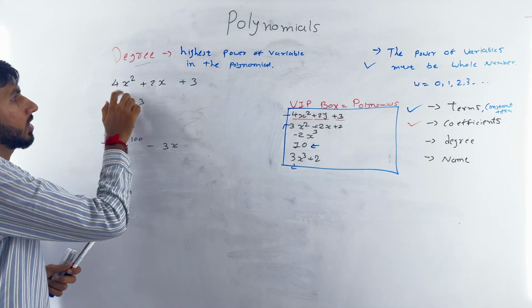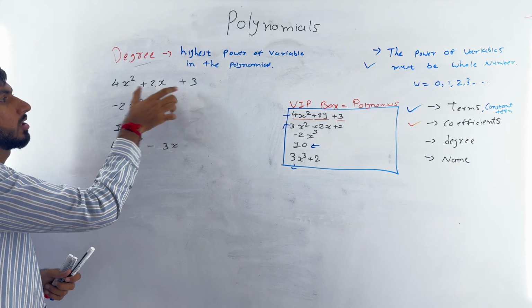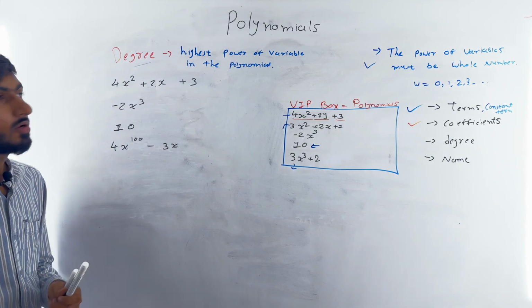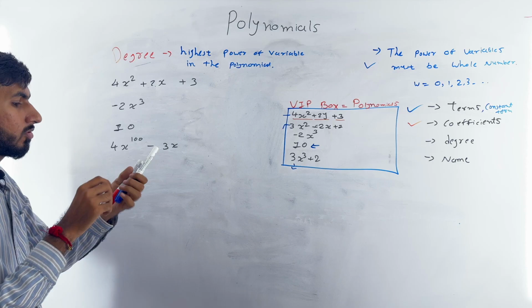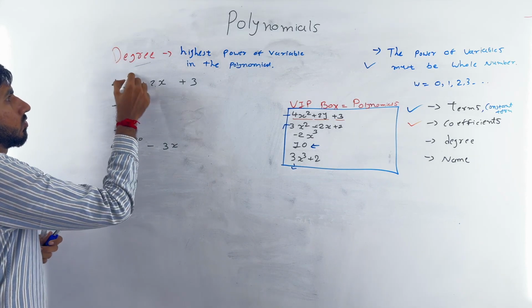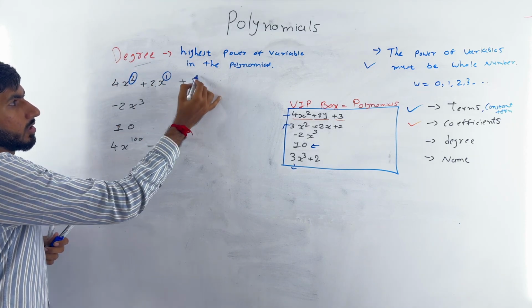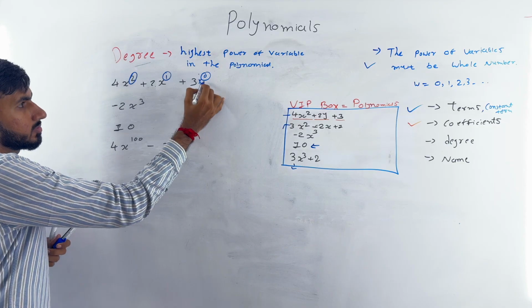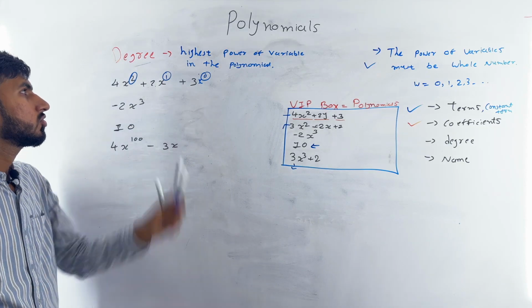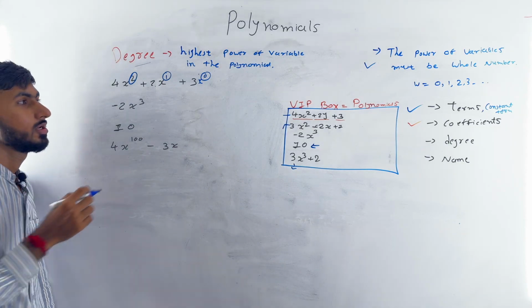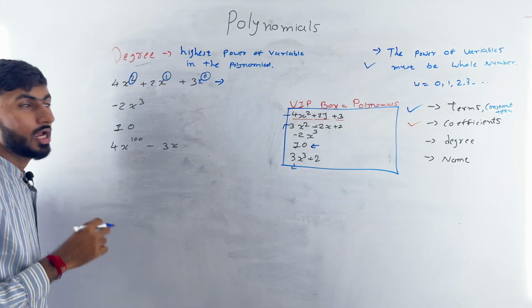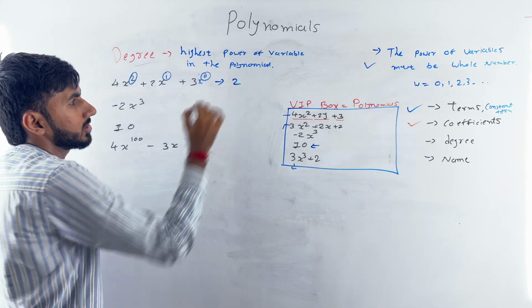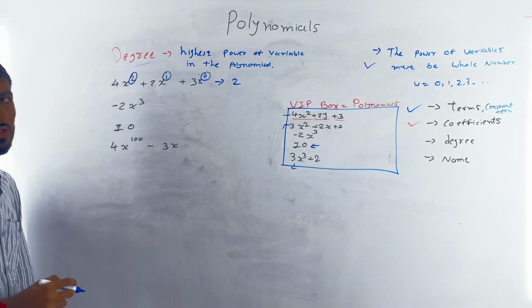Now, for this polynomial, what are the powers of variables? Here I have power of variable as 2. Here I have 1 and here I have 0, right? X power 0. So 2, 1 and 0 are the powers of the variables. Now what is the highest power in this? My answer is 2. So the degree of this polynomial is 2.